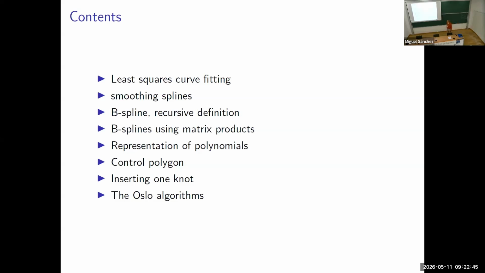And then see how we can represent polynomials of B-splines. There's something called the control polygon, which is important in the geometry for B-splines. And then I end with talking about knot insertion and something called the Oslo algorithms.